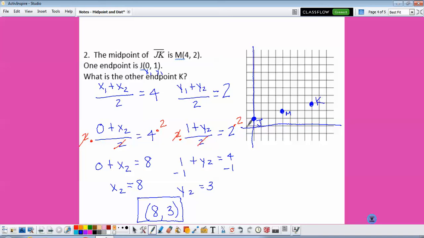So that must be K, which is at 8, 3. Graphing it is usually easier, but if you get really big numbers that don't fit easily on graph paper, then you're probably going to want to use the formulas.